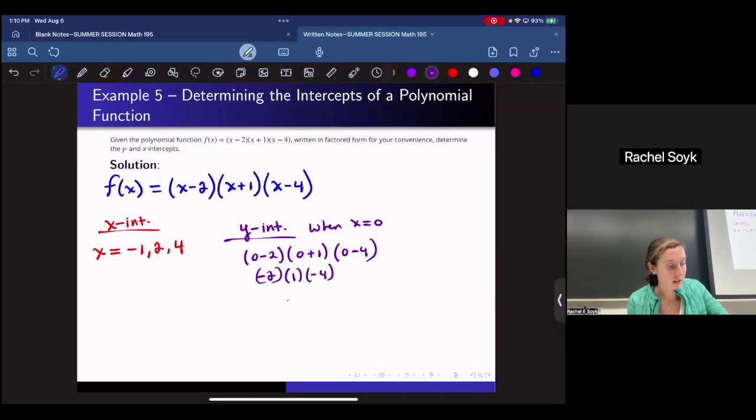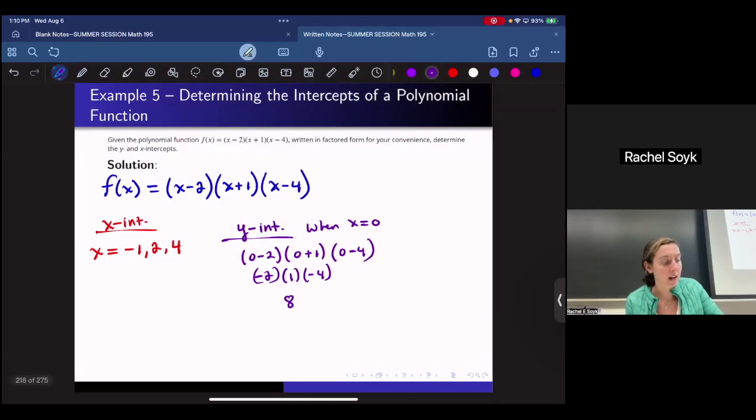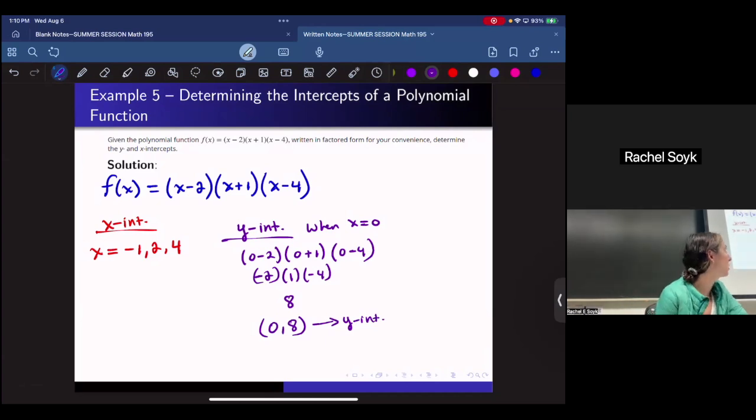And that will yield 8 to be our y-intercept, which in coordinate form is (0, 8). And that's it. Just wanted to calculate the intercepts.